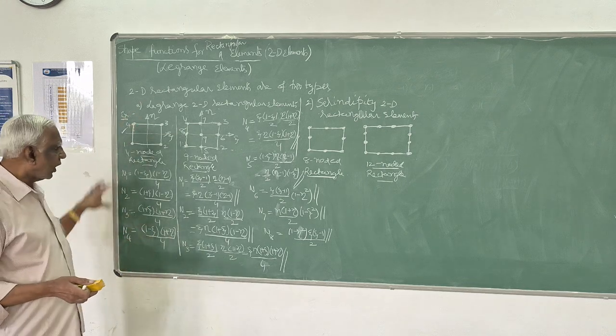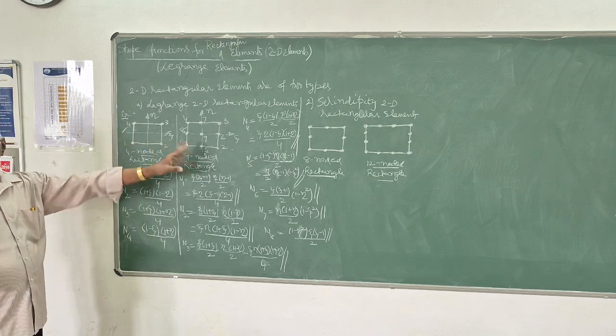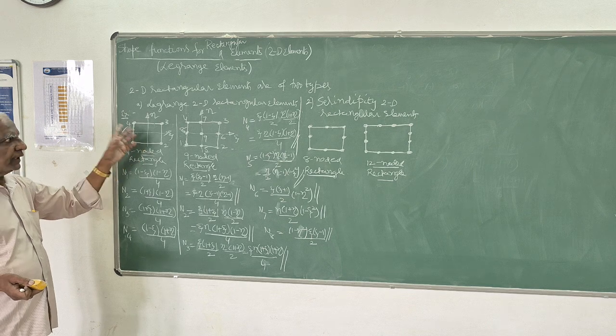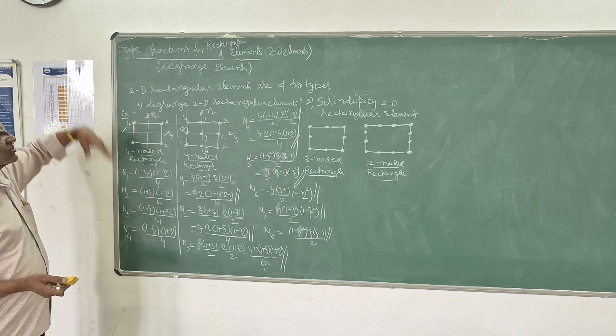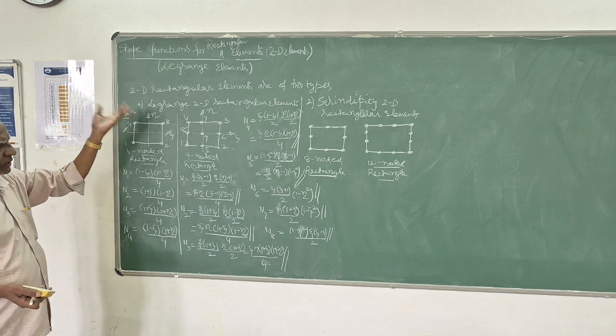So this is how you can write the shape functions for both 2D rectangular elements as well as 1D elements, like the first order.